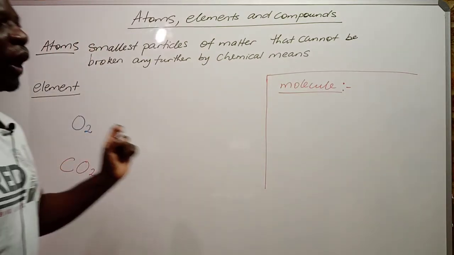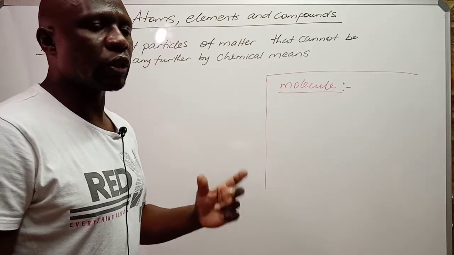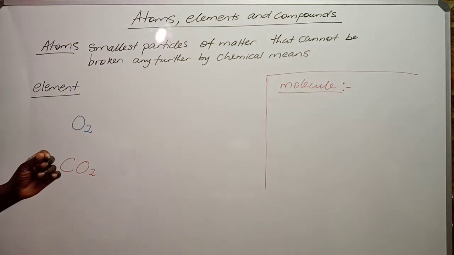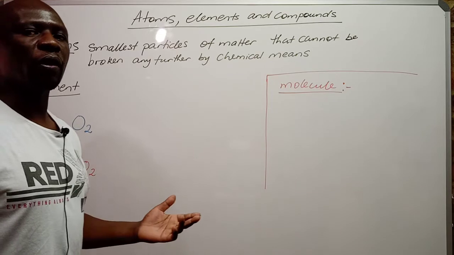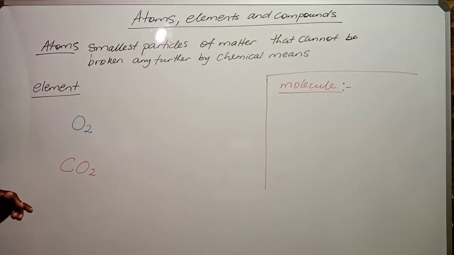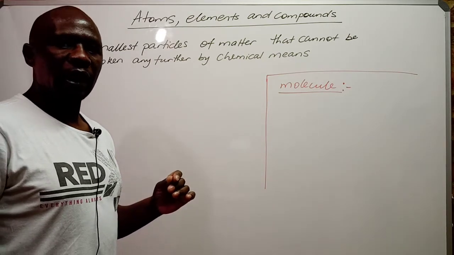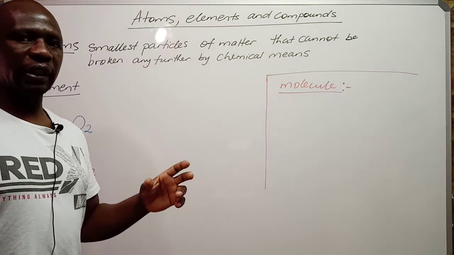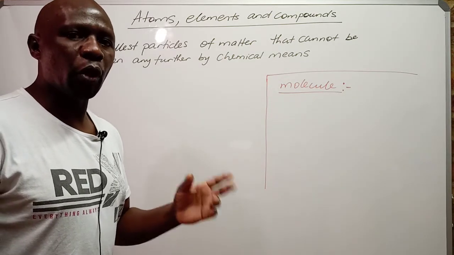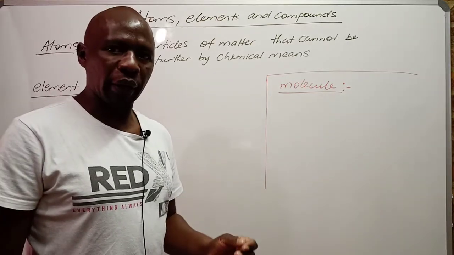So, when one kind of atoms are bonded together, we have a molecule that is made up of pure elements. However, when two different elements come together to form a molecule, then that is when we get a compound.